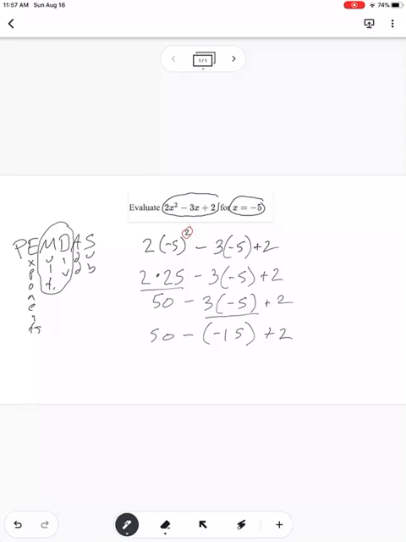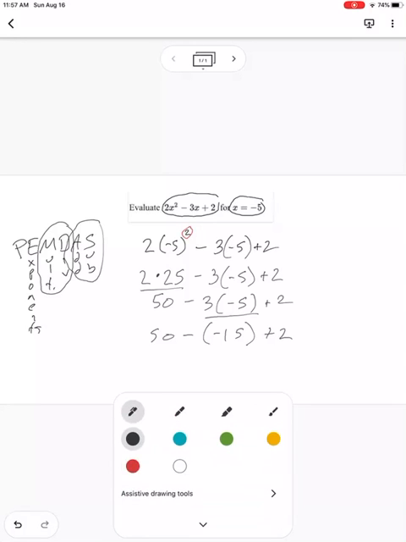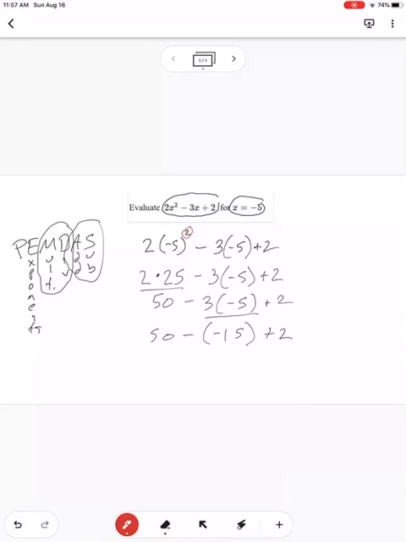Okay, and now we're left with no more multiplication or division, so now we're going to do addition and subtraction in order. The first thing we come to is a subtraction problem, and this is something that always confuses people. We'll do more about this throughout the year, but one thing that I think you've learned, I used to call it same, opposite, opposite. I think your teachers have taught keep it, change it, flip it.